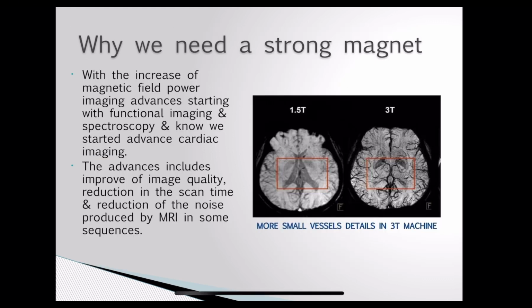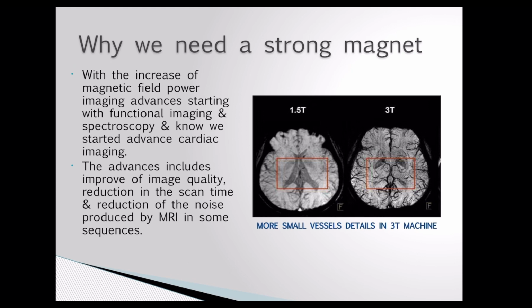With the increase of magnetic field power, imaging advances, starting with functional imaging and spectroscopy, and now advanced cardiac imaging. The advances include improvement of image quality, reduction in scan time, and reduction of the noise produced by MRI in some sequences.